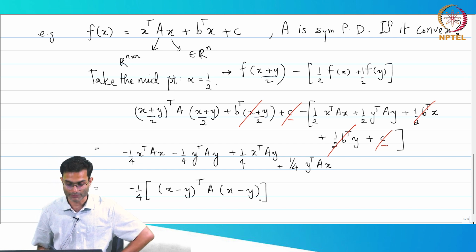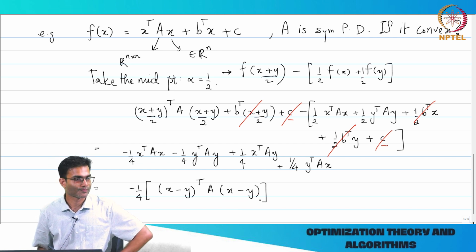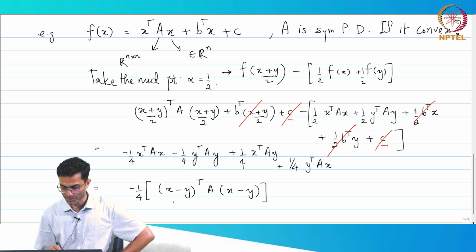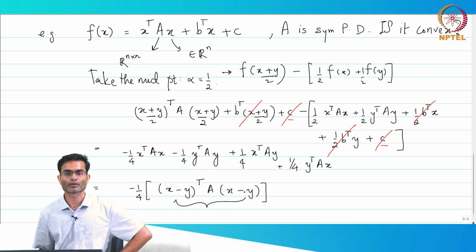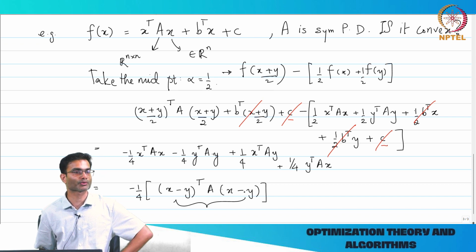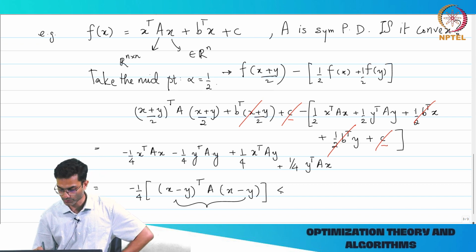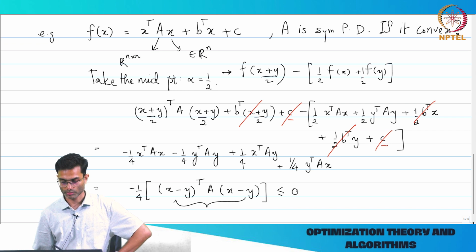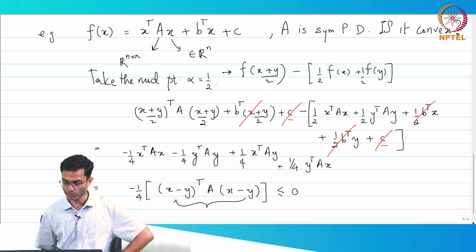And can we say anything else? We are given a special property of A, which is positive definite. That means, what about this guy? Always greater than or equal to 0. Therefore, when I multiply by minus 1/4, this is always less than or equal to 0, right? So, what have I got?